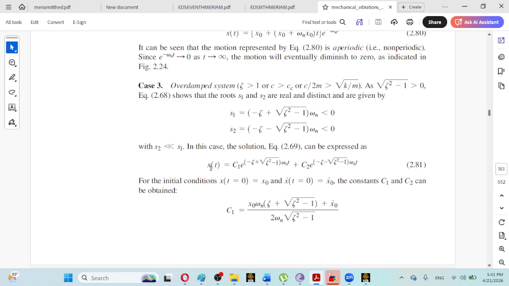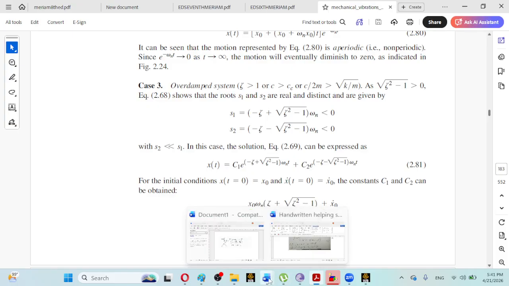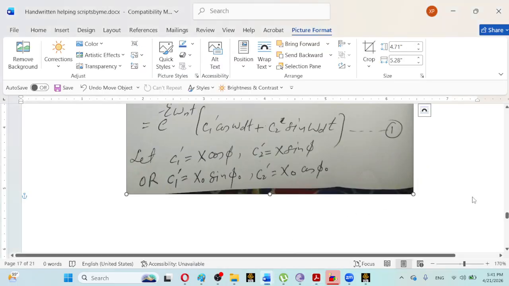So for this again we will be using the boundary conditions for the initial condition, and we will be obtaining these constants. And for your facility, because these constants were laborious, I have solved one constant for you here.